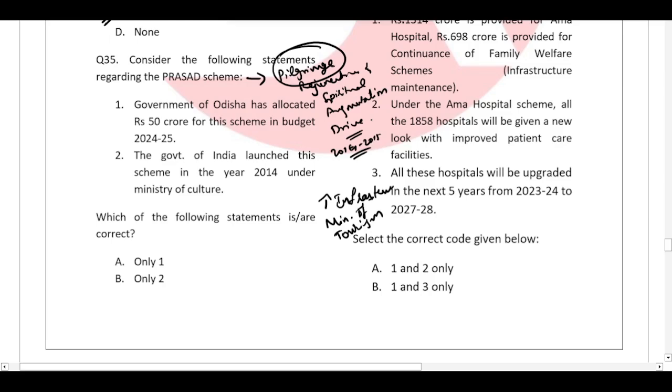Why will the government want to increase the infrastructure? So that tourism will be promoted and more tourists will go to such places. That is why the Ministry of Tourism launched such a scheme, because there was a lacuna in the infrastructure in such pilgrimage centers. Under this Prasad scheme, the central government would give financial assistance to state governments so that the state governments can invest in the infrastructure in tourist places. Now let's look at the data.